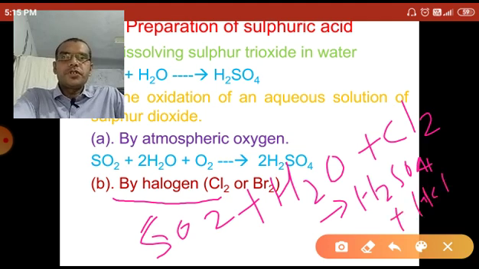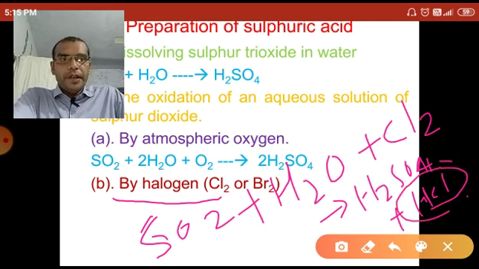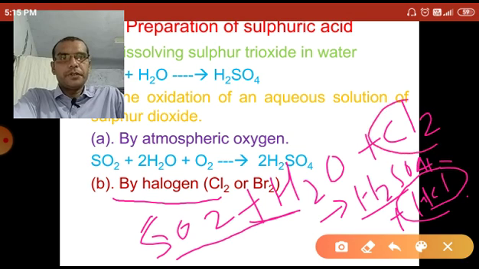Hydrochloric acid is more volatile than sulfuric acid, so hydrochloric acid becomes vaporized and the remaining solution is the sulfuric acid, which we obtain. So when an aqueous solution of sulfur dioxide is oxidized by chlorine, we can get sulfuric acid, H2SO4.